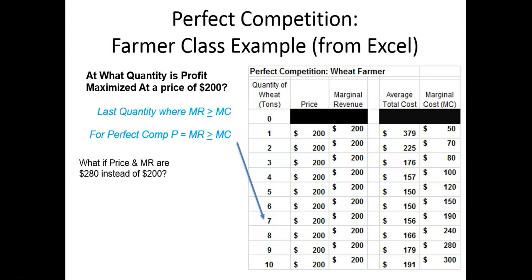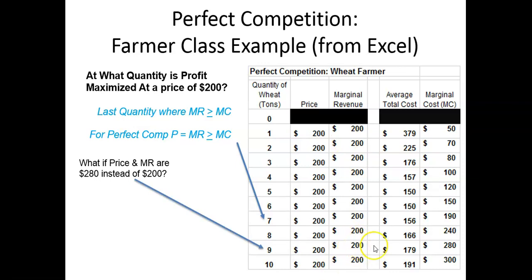Now, if the price is different than that, because sometimes prices fluctuate, so if the price and marginal revenue, instead of all these numbers in these 2 columns on this table being 200, they're 280, how many tons would we want to produce in that case to maximize profit? Look at the table, compare marginal revenue and marginal cost, and we want to produce 9 tons.